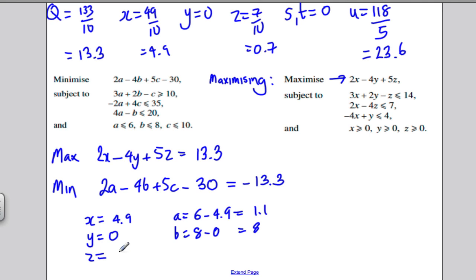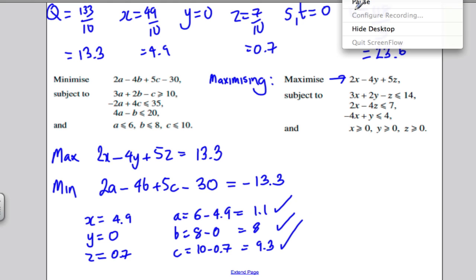Z was equal to 0.7, and we defined c to be 10 minus 0.7, which obviously is 9.3. So the minimum value of this is when a is 1.1, b is 8, and c is 9.3.